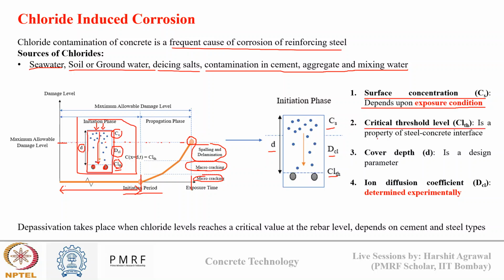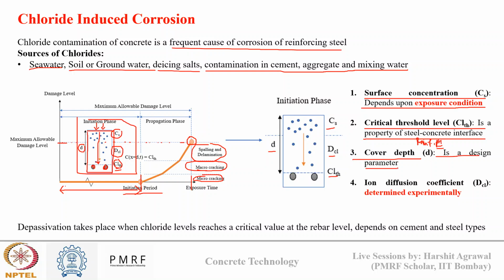Critical chloride threshold, as we said earlier, is a property of the steel concrete interface which depends upon the reinforcement type that we are using as well as on the pH of concrete. Okay, because higher the pH, stronger the passivation; lower the pH, weaker the passivation. So if there is a weak passive layer, then the critical chloride threshold will be low, so it can initiate corrosion early. Then third is the cover depth, which is a design parameter.